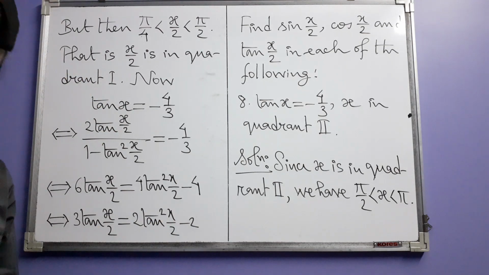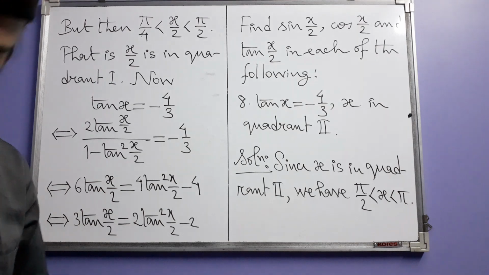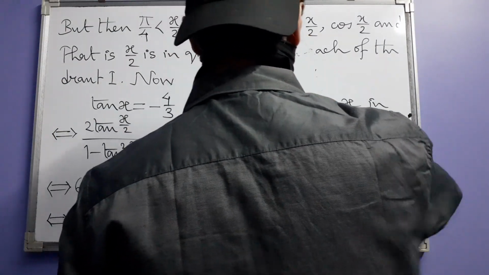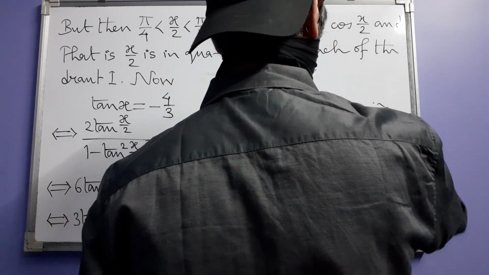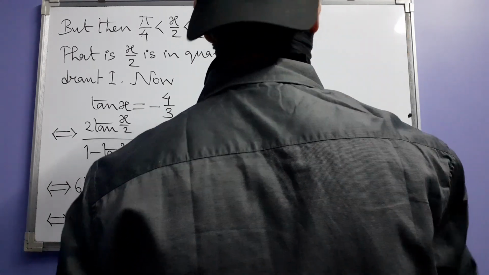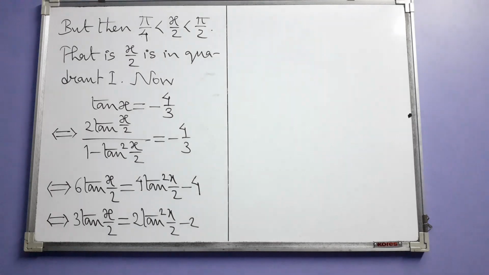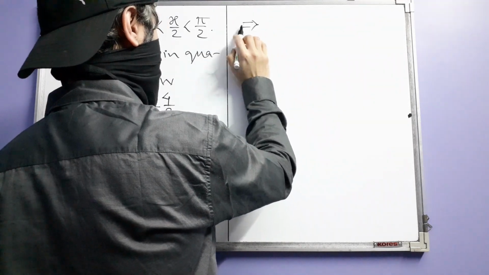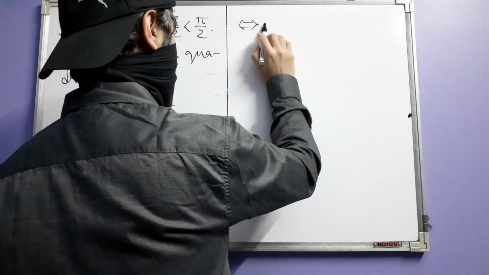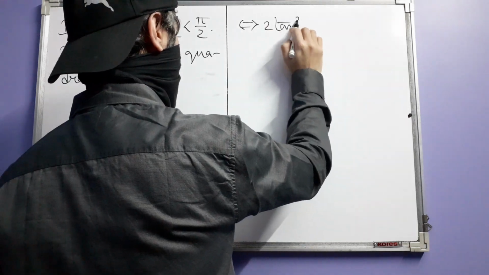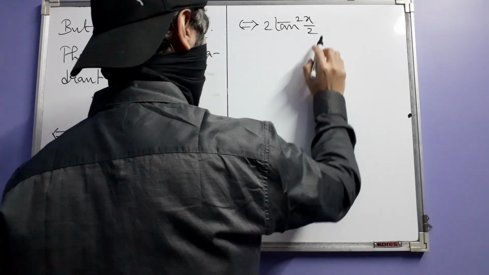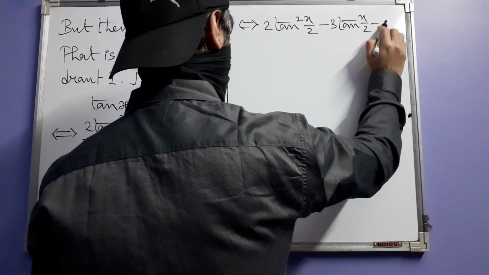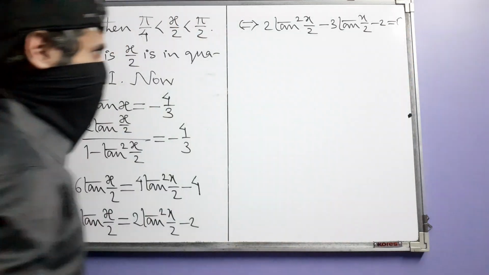Minus 2. So we are getting 2 tan square x over 2 minus 3 tan x over 2 minus 2 equal to 0.